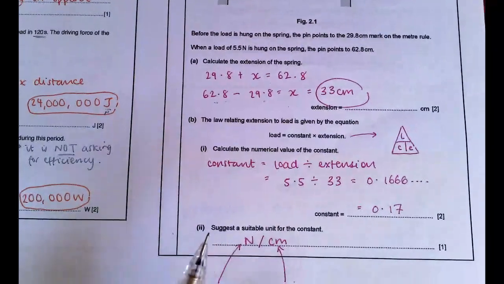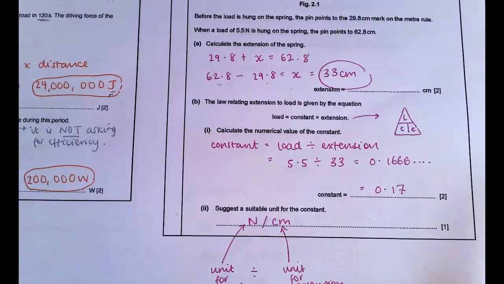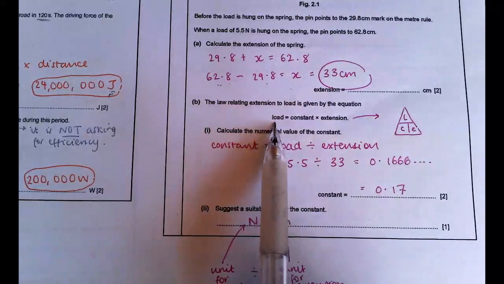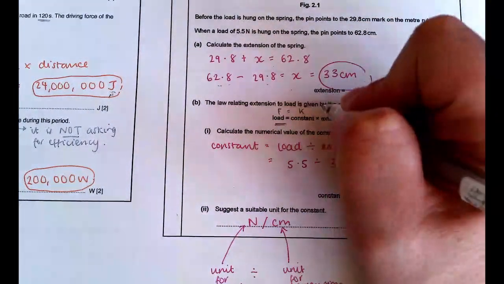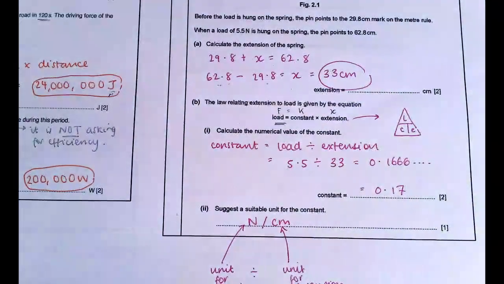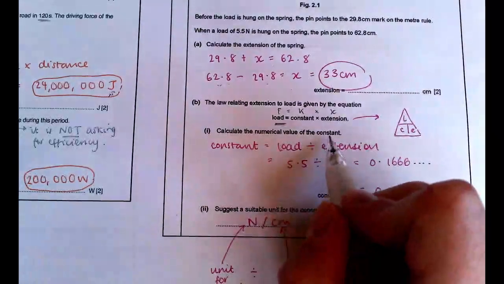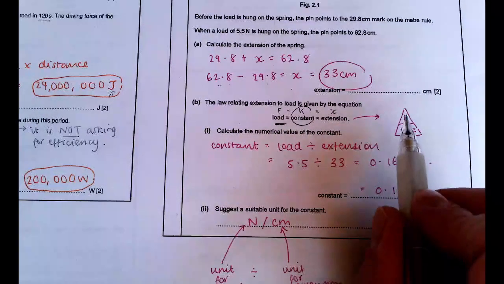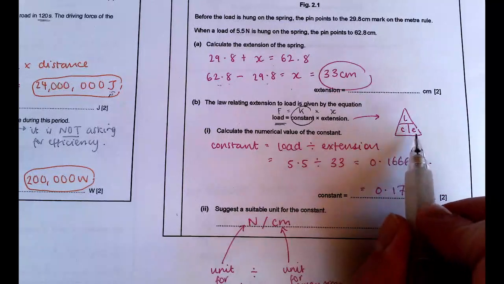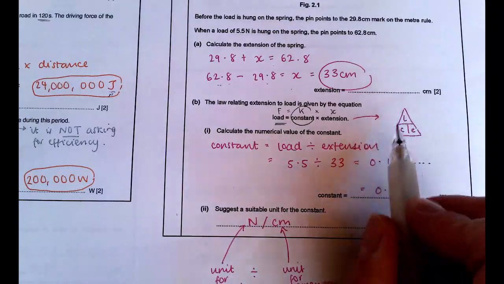Okay, then it asked you to find the numerical value of the spring constant. They even give you the equation. Okay, so the force F is equal to K the constant times X extension. Okay, and you are asked to find the constant. So for help, I've put this into a triangle. These two things get multiplied together, constant, extension, to get the load.